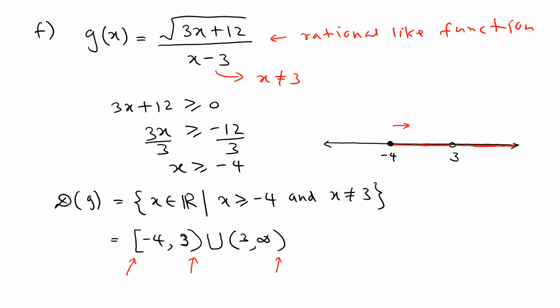So let's look at one more problem. Let's say we have k(u), where the variable is u now: the fifth root of 3u plus 12, divided by u minus 3.